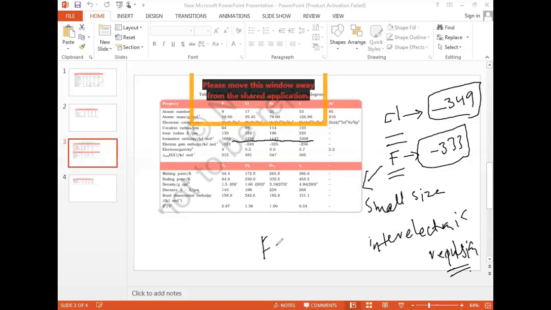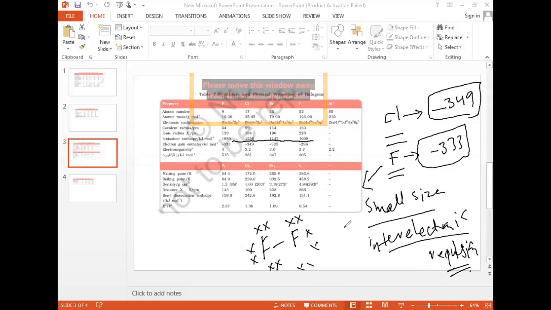When we take fluorine and fluorine, we can see 3 lone pairs on each fluorine. It is going to cause more repulsions. One is small size. The second one is inter-electronic repulsions. Apart from this, we can expect a less bond dissociation enthalpy for fluorine also, right? This also we can consider.